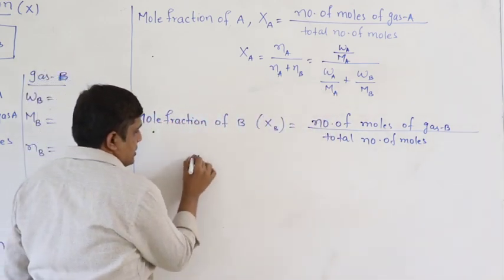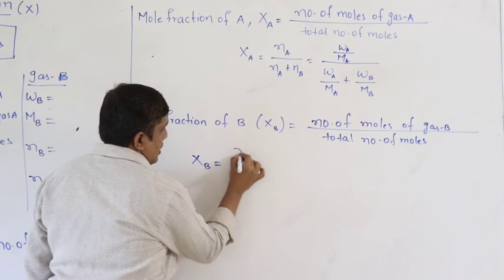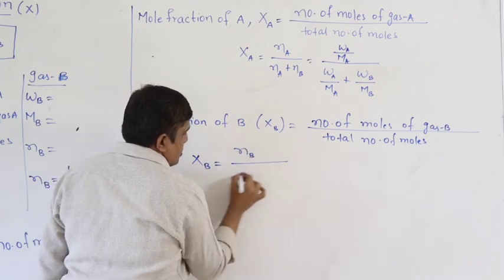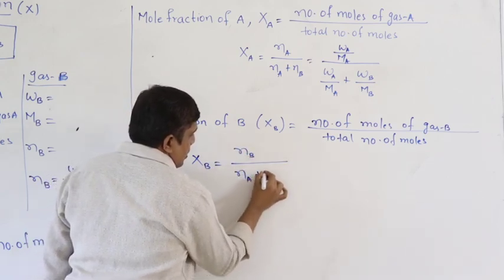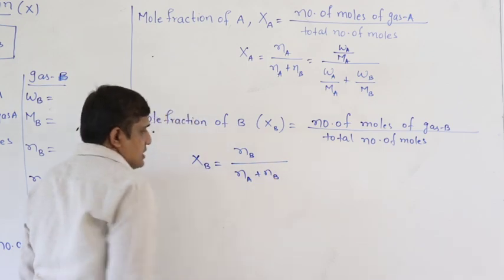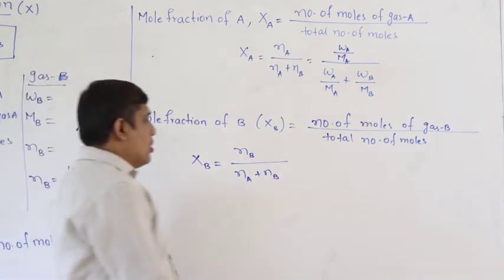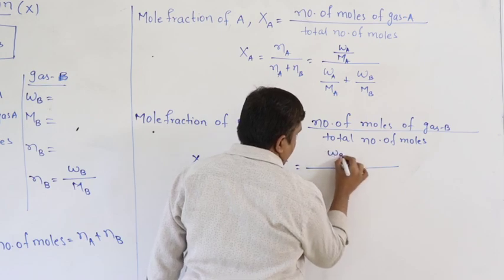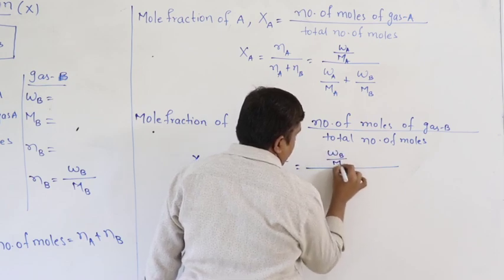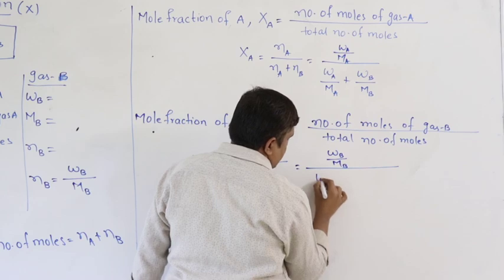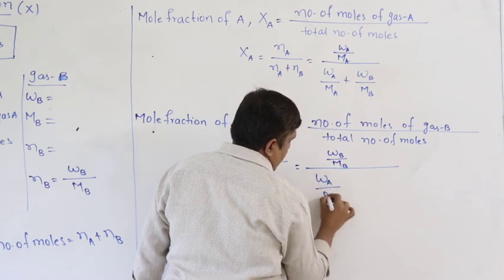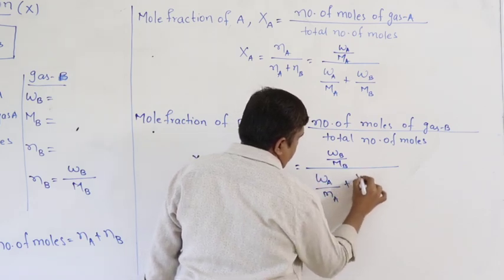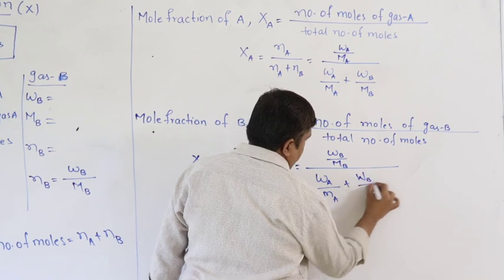Or I can write, xb equal to number of moles of gas B by total number of moles, that is Na plus Nb. Or you can write one more step, that is equal to weight of gas B by molecular weight of gas B, over weight of gas A by molecular weight of gas A plus weight of gas B by molecular weight of gas B.